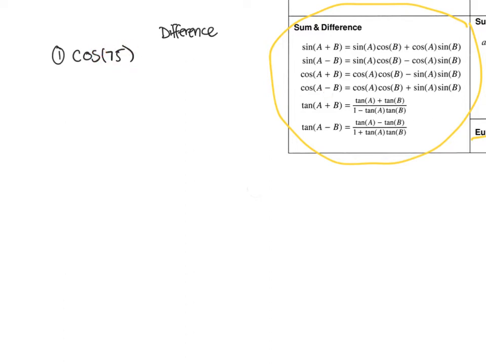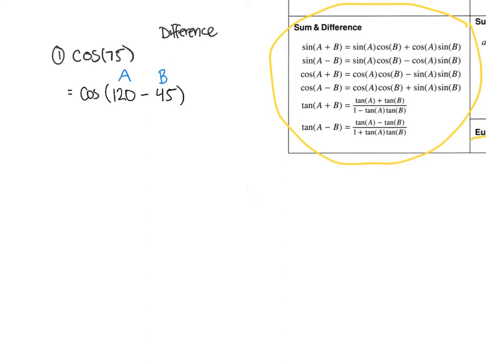And you're going to want to split this into 2 angles that we know from our unit circle. So I'm going to split this up into cosine of 120 minus 45.